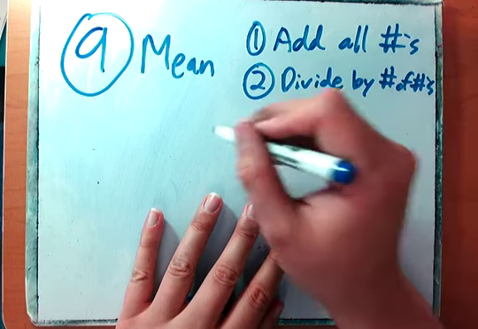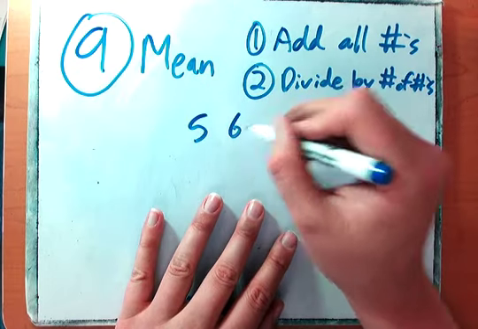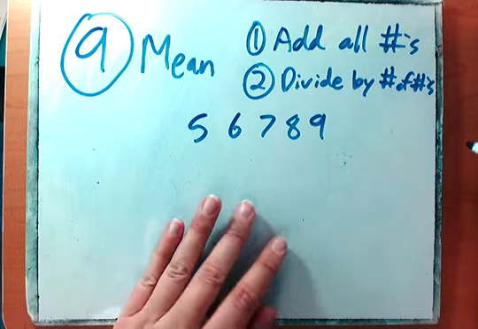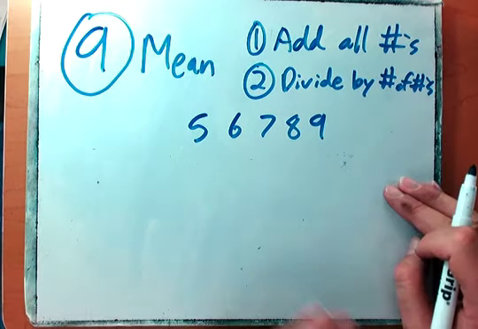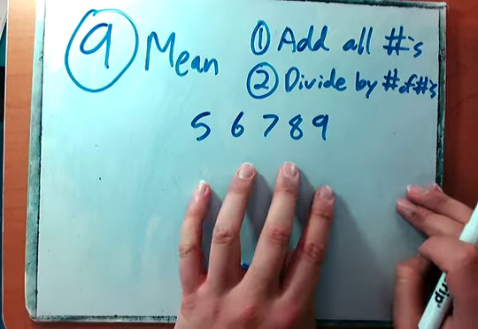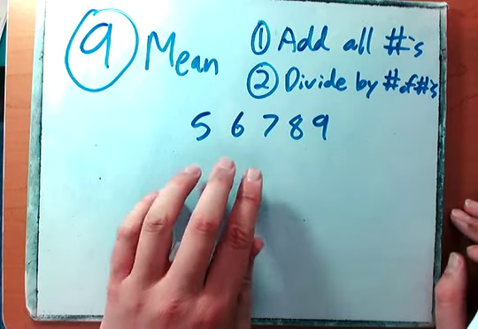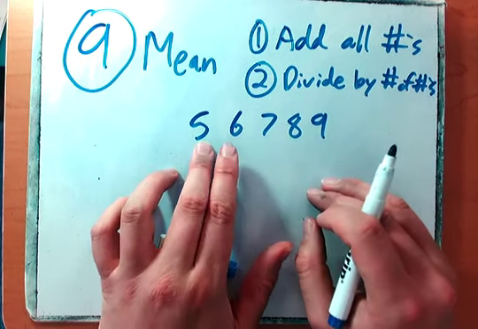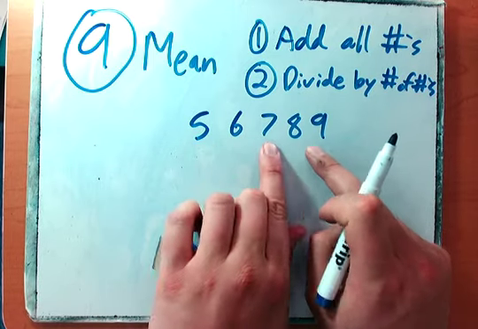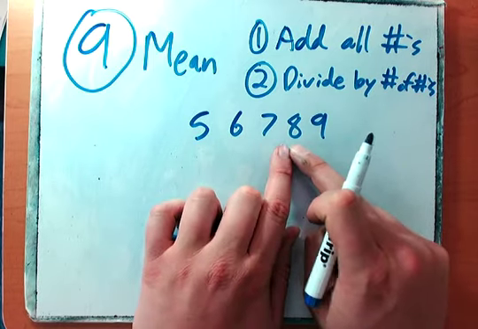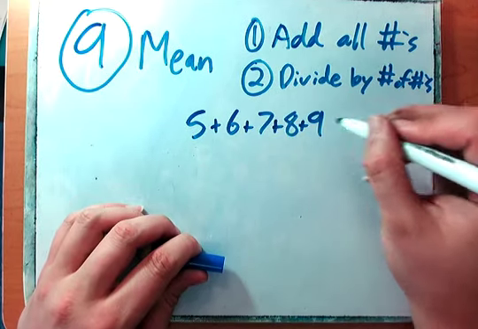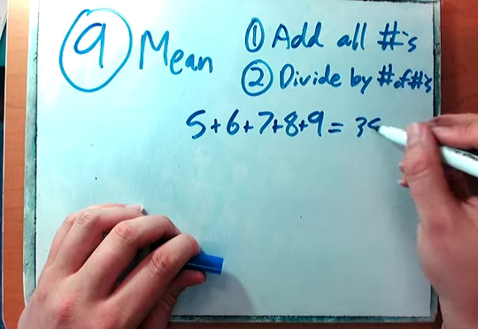So in the data set that I was given, 5, 6, 7, 8, 9. Now I know some shorthand, and the more that you do these, the more that you will be able to do these really quickly. But let's just do these together. So this is 11, that's 20, that's 27, that is 35. So when I add those all together, I get 35.